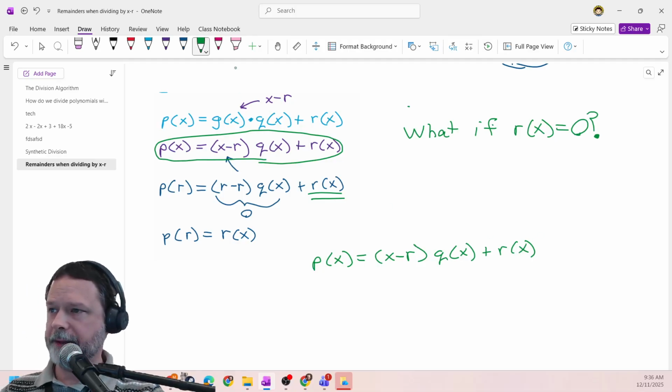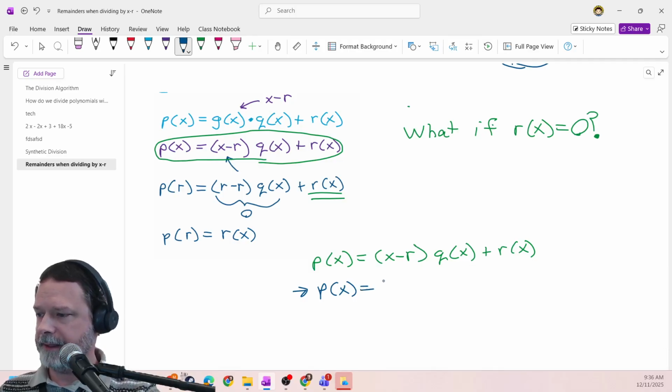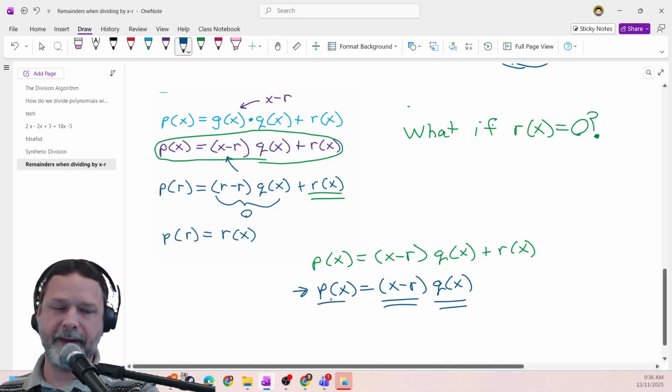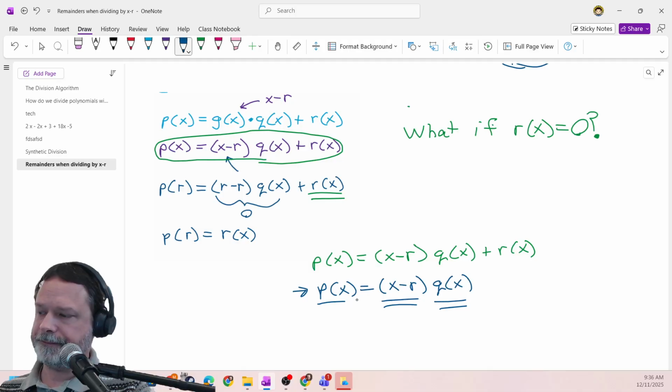We got no remainder. Well, that means that what we ended up with when we divided by x minus r is just q of x. So in other words, p of x can be written as x minus r times q of x. Well, that means q of x is a factor of p of x, and x minus r is a factor of p of x.